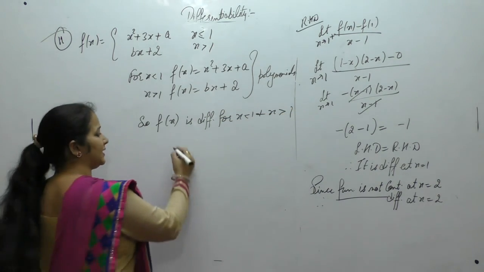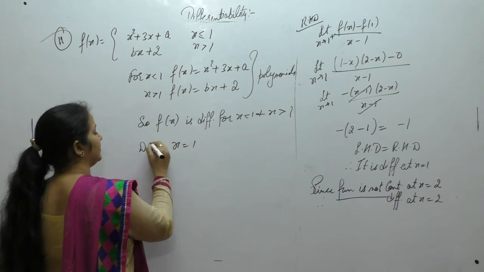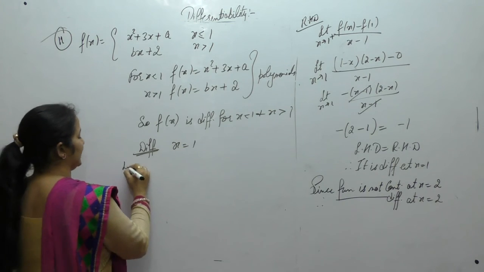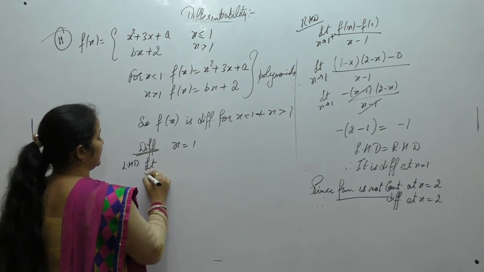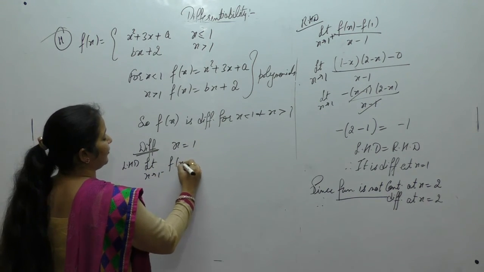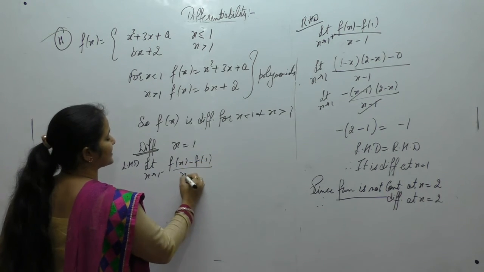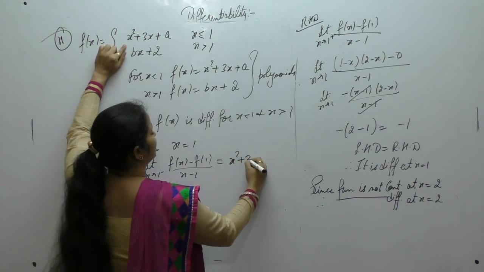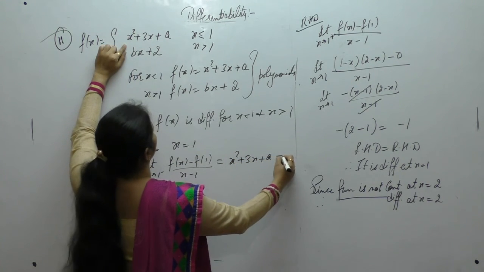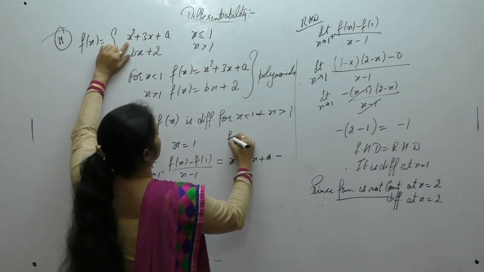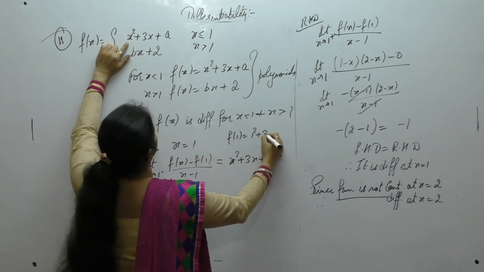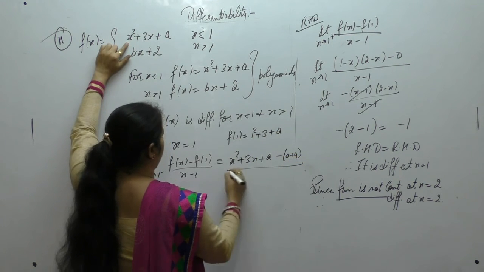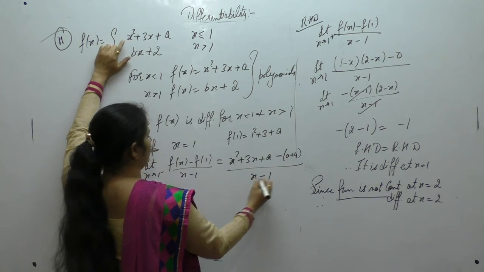Now we have to check the differentiability at point x is equal to 1. So left hand derivative, x tends to 1 negative, f of x minus f of 1 upon x minus 1. When x is less than 1, function has value x square plus 3x plus a, and f of 1 is 1 square plus 3 into 1 plus a, so a plus 4, upon x minus 1.